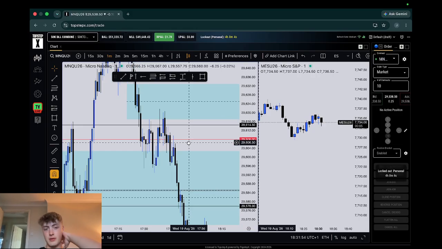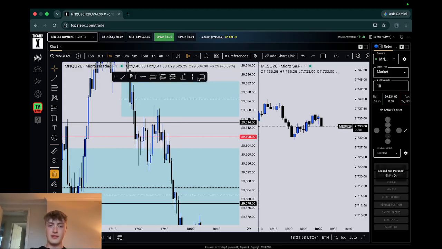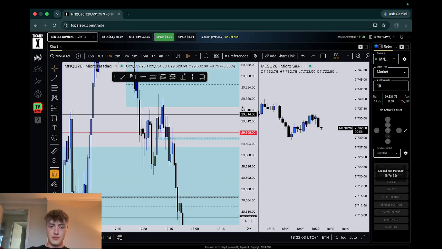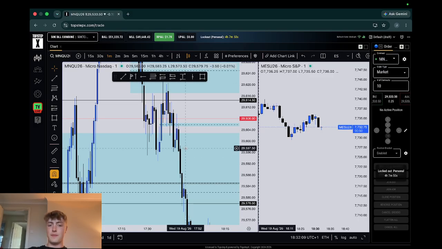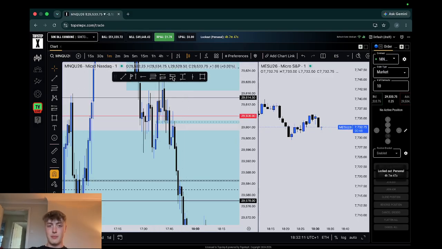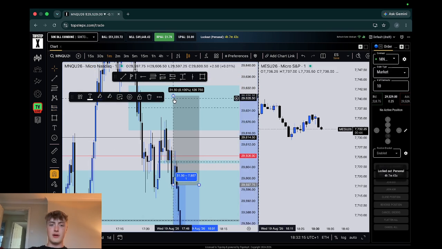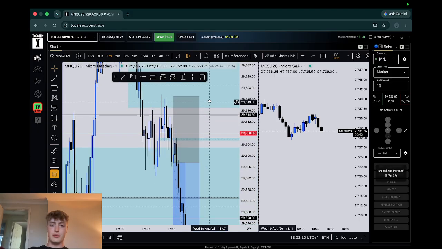My thought process behind this was, if you would have entered off of this small 1-minute inverse, it would have been tapped 1, 2, 3, 4, 5 times and finally inverse on the 5th. And then, to be fair, we did dump, but if you took a trade off of this, oh wow, that's only a 23-point stop.